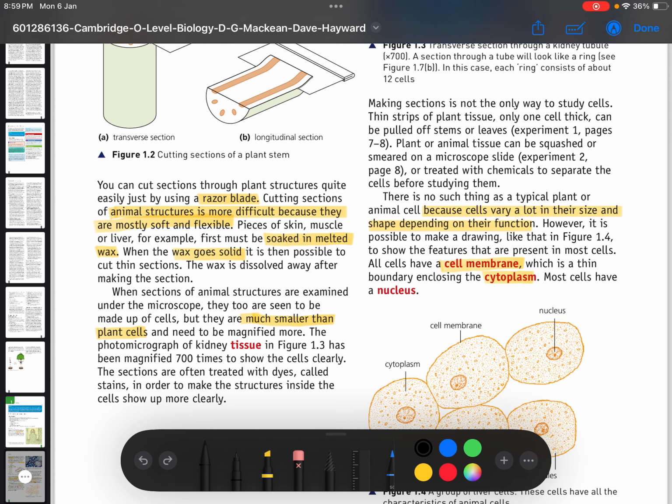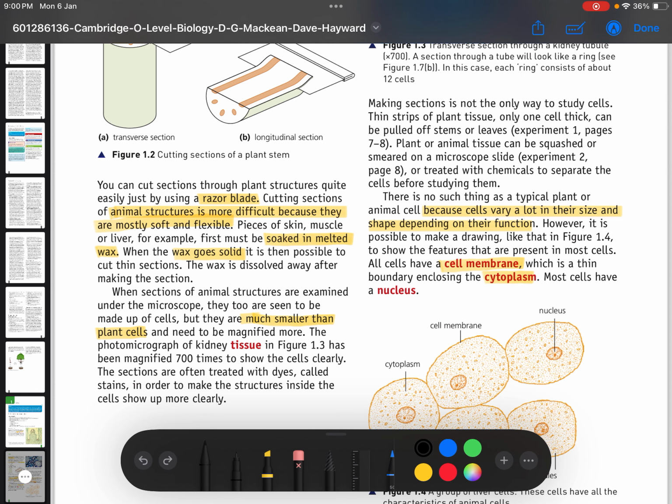The reason we do this is that whenever we have any sort of tissue, we cannot just make a cut with a razor blade, because other problems come with it. For example, if your specimen is very fluid-like or easily breakable, you will not get a proper sample unless you solidify it, and then you can cut the section easily.